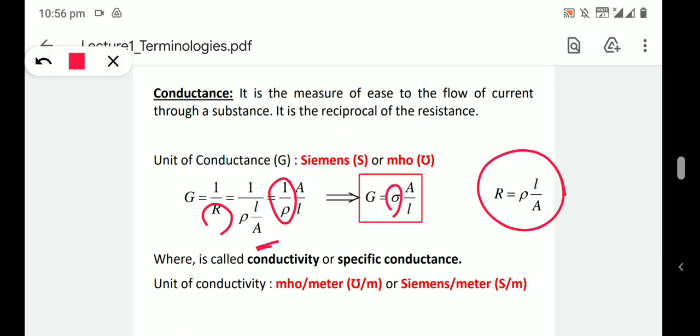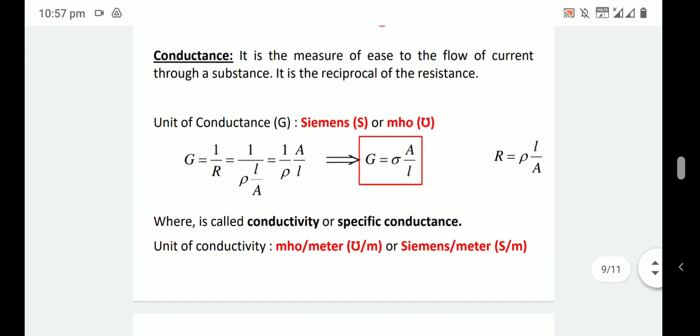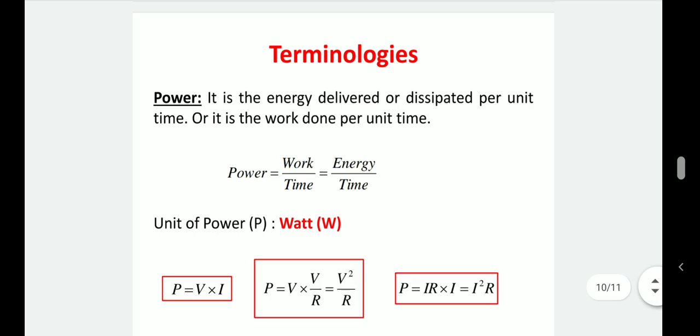So G becomes equal to sigma A by L, where sigma is called conductivity or specific conductance. Its unit is mho per meter or Siemens per meter. So this is all about conductance.